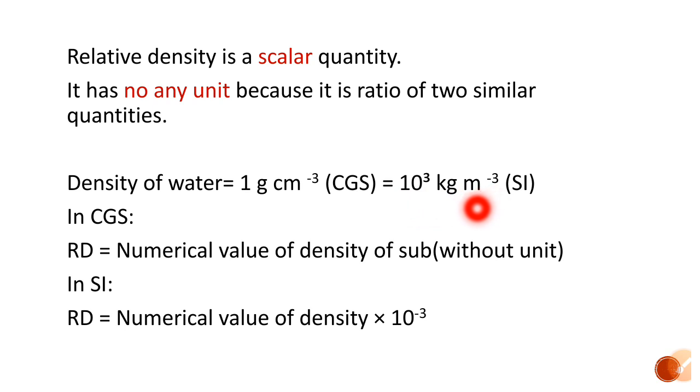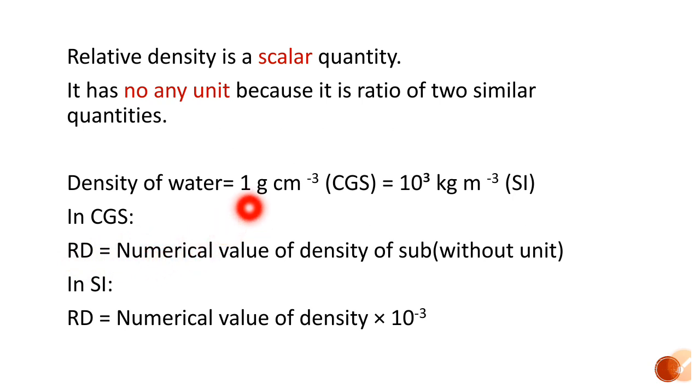So if we want to find out the relative density, in CGS the relative density is equal to the numerical value of the density of the substance without unit. That means, suppose we are trying to find out the relative density, then the relative density is equal to the density of the substance divided by the density of water.